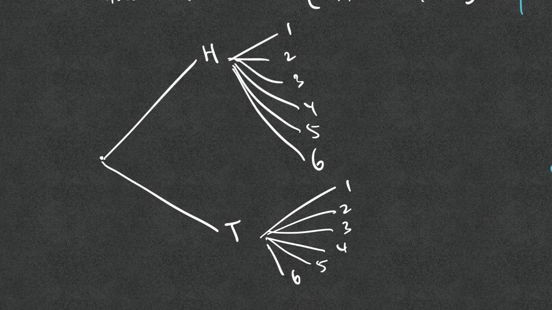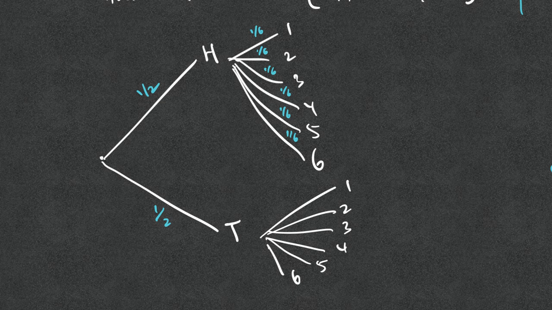So for example, when we toss a coin, the probability of getting a head is 1/2, getting a tail is 1/2. When we roll a die, the probability of getting a 1 is 1/6, getting a 2 is 1/6, getting a 3 is 1/6, getting a 4 is 1/6, getting a 5 is 1/6, getting a 6 is 1/6.